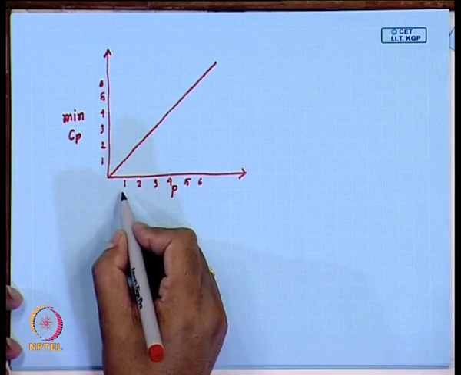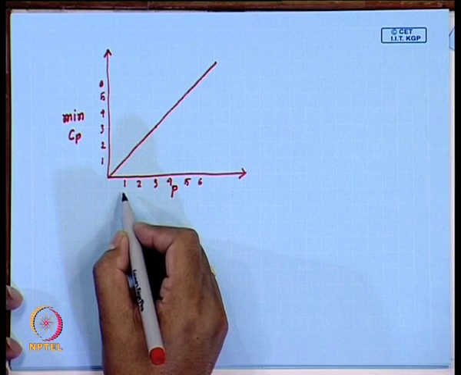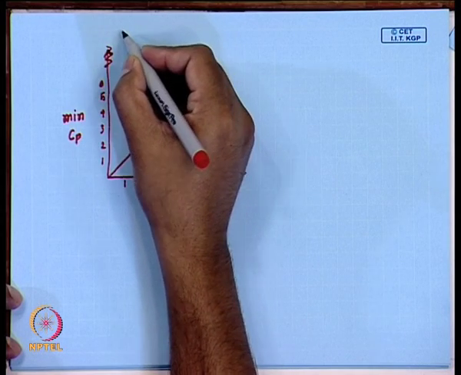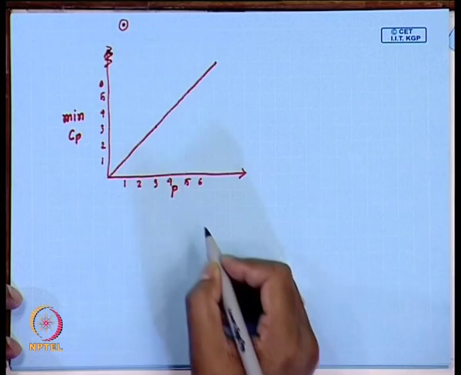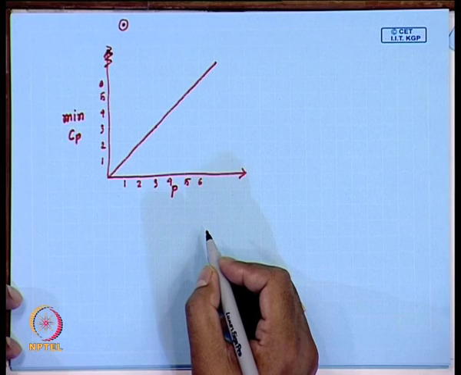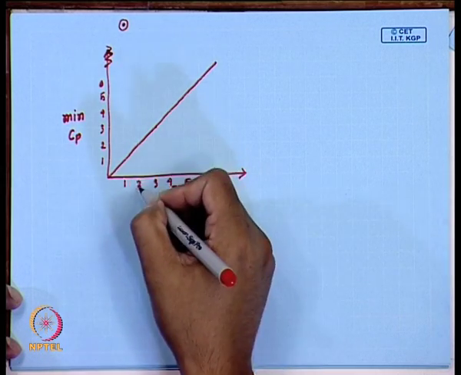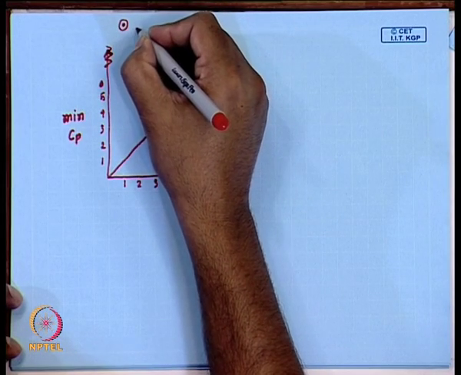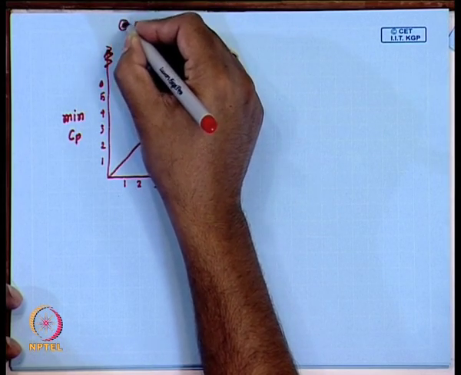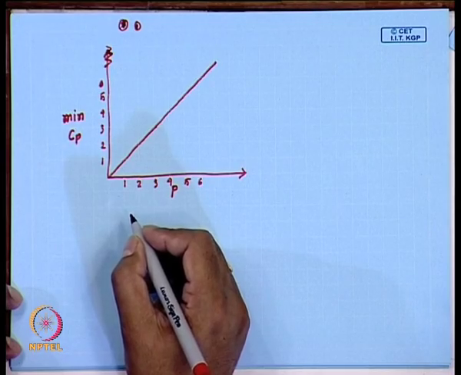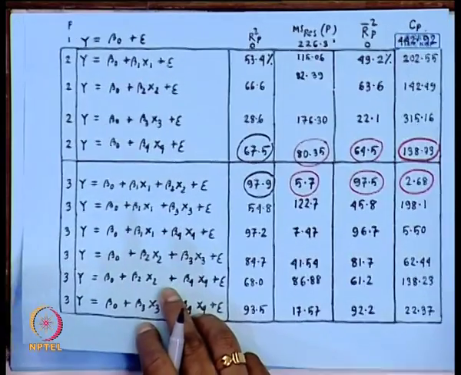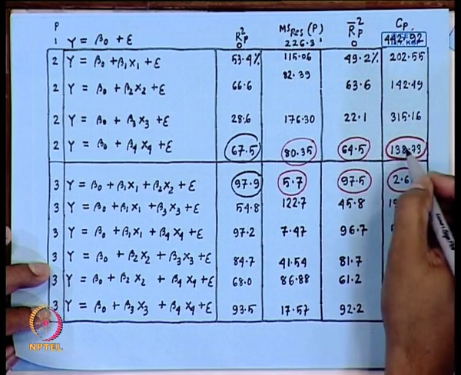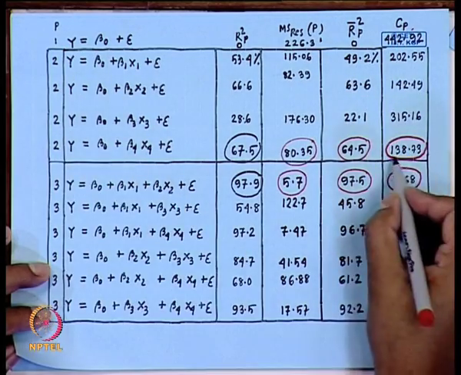For p equal to 1 it is 442, and for p equal to 2 it is 138.